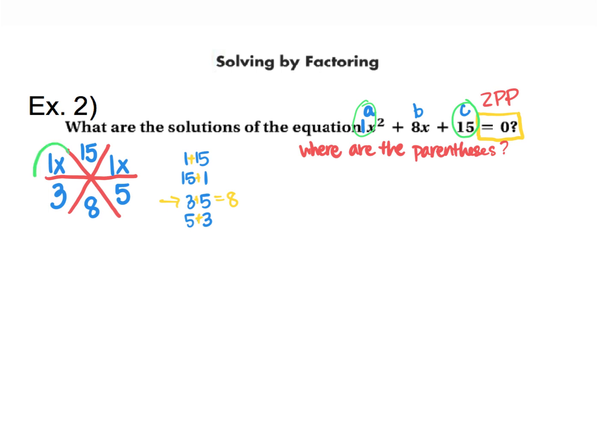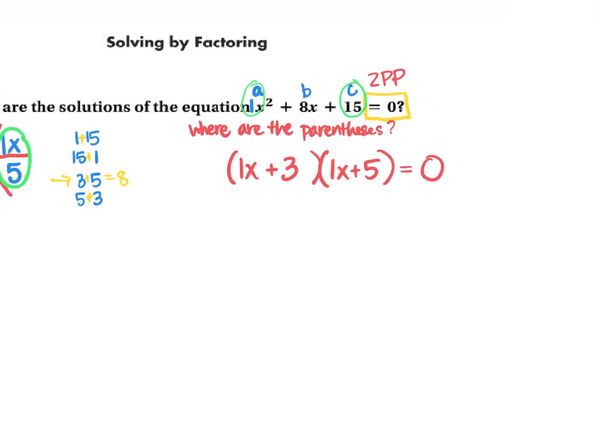Then we look and we say, okay, do I have to reduce that? And there's nothing that can reduce, so that is my first parenthesis, 1x and a +3. On the other side, we have 1x and 5. That can't be reduced either. That's the second factor. We have 2 factors, and it's still equal to 0.